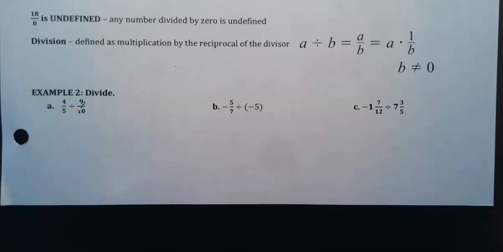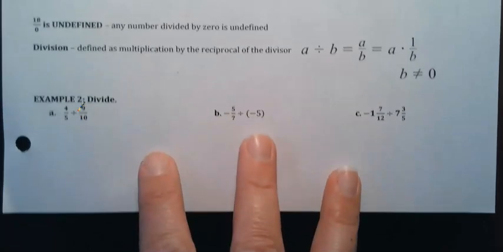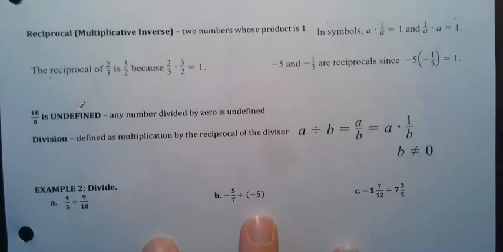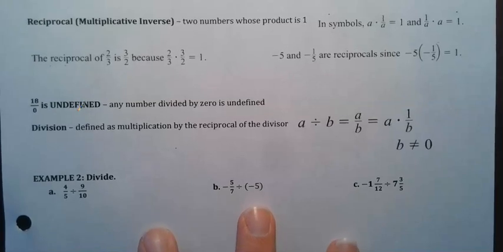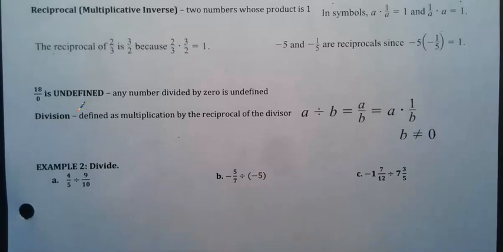Let me go back a little bit. Sorry, I was thinking it was on the multiplicative inverse part, but it's not. In this division part, we said it can be defined as multiplication by the reciprocal of the divisor.